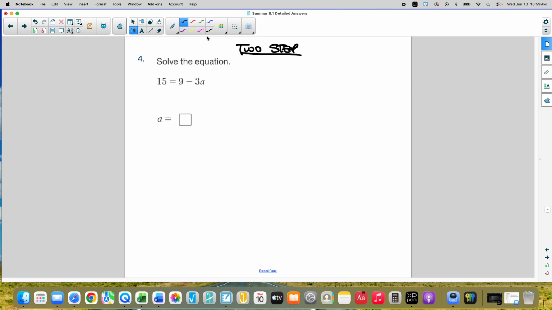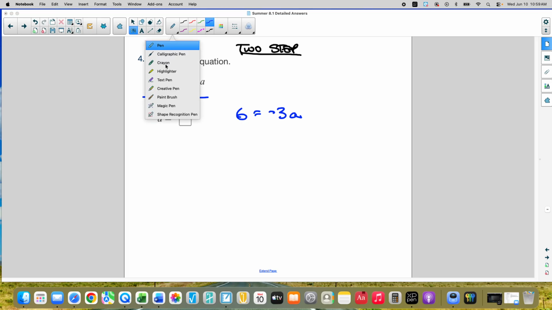We want to get rid of things being added and subtracted first. So we're actually going to subtract 9 because we have a positive 9. What gets rid of a positive 9 is a -9, leaving us with 6 equals -3a. That negative is still attached to the 3. So keep that negative attached to the 3.